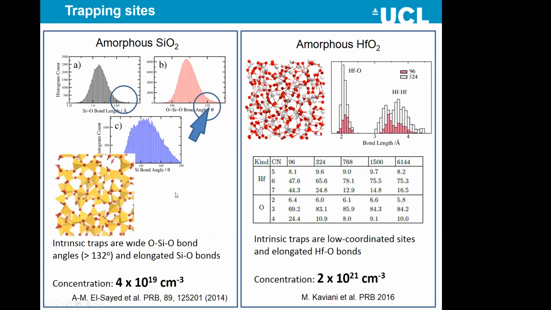So the states which trap electrons or holes in these systems are usually low coordinated, because these materials have a distribution of coordinations as a result of disorder. If you have, for example, disordered hafnium dioxide, it has a distribution of different coordinations, like hafnium maybe 5, 6, and 7 coordinated, and oxygen 2, 3, and 4. And then holes, for example, will sit on 2-coordinated oxygen sites, roughly.